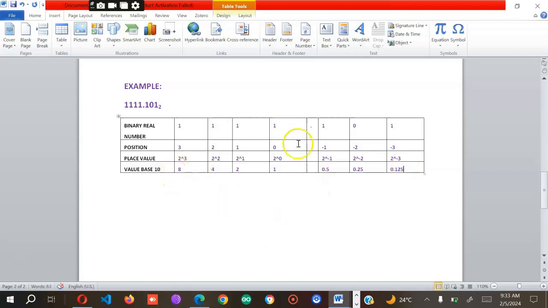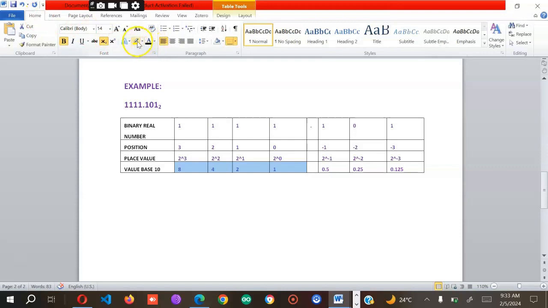So we have the two sections on this side. On this part we have the integral part, and the other part we have the fractional part.